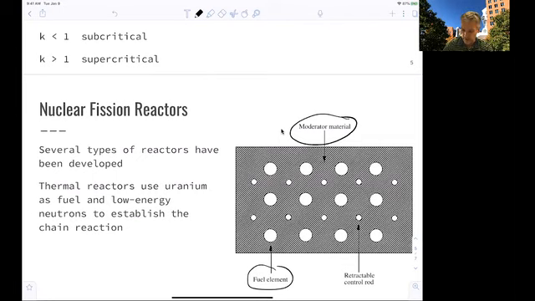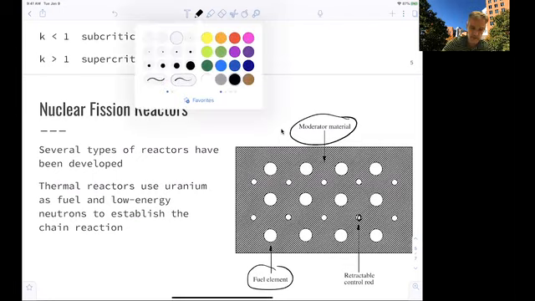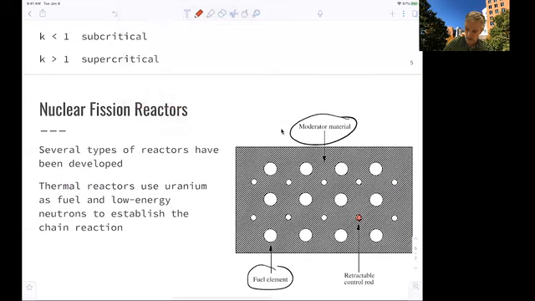And then you have those very important retractable rods. They are materials which have a large cross-section to capture neutrons. By mechanically adding them or removing them from this environment, you can remove additional neutrons.